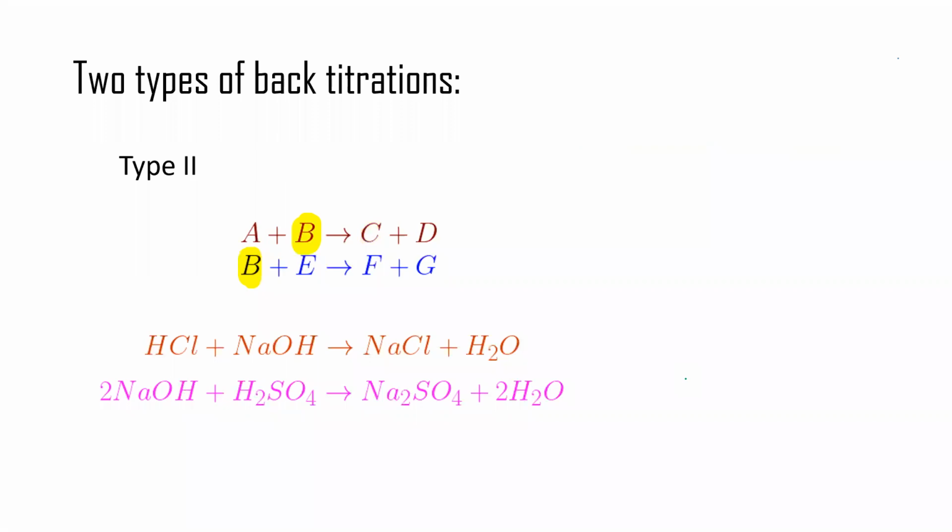On the other hand, in type 2, we have excess of one substance, and this excess is then reacted. So the amount of B is not the same in the two reactions.